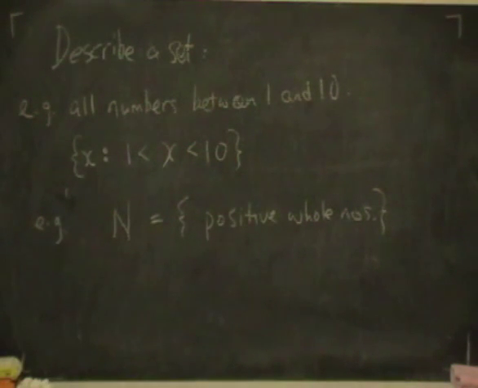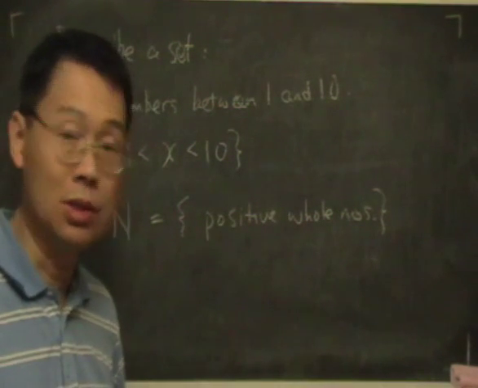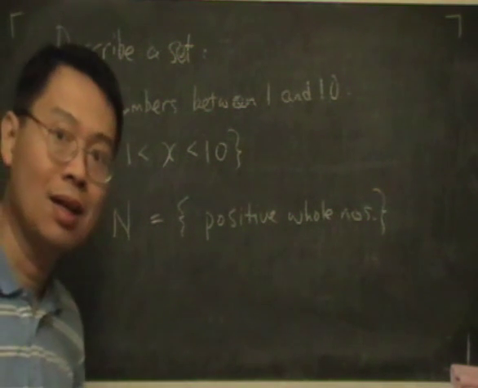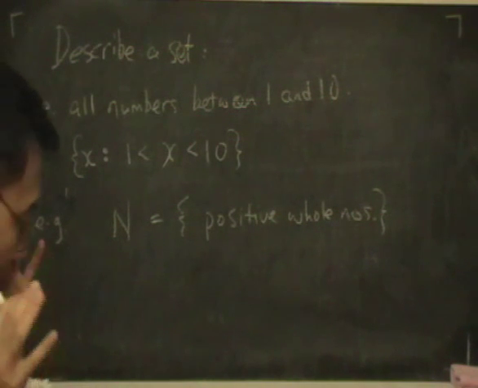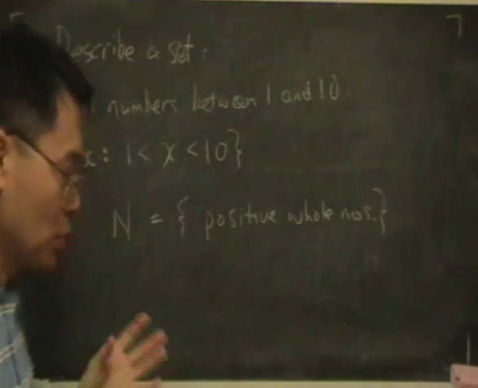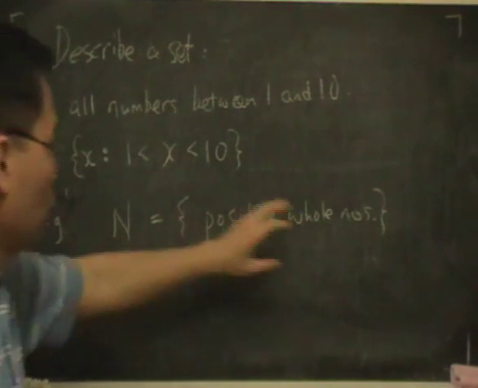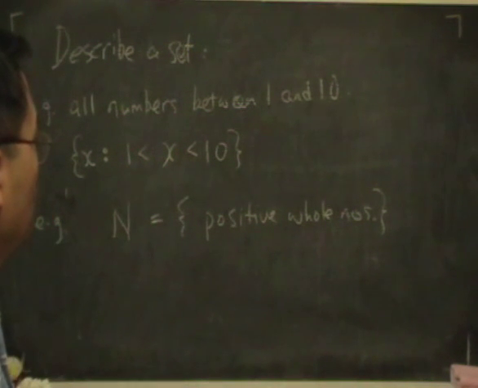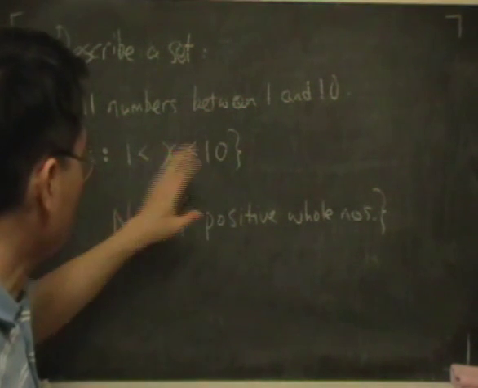Another name for the set of positive whole numbers is natural numbers. That's why I use the capital letter N to represent this set. Now suppose that I'm interested in a set in which the element X is a positive whole number and it is also between 1 and 10.